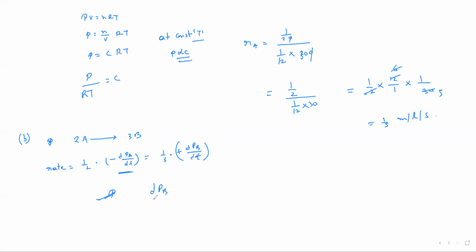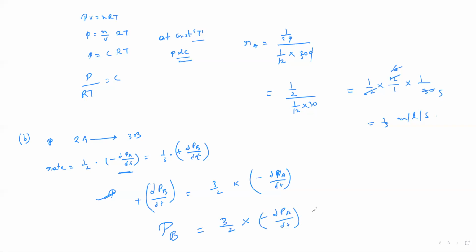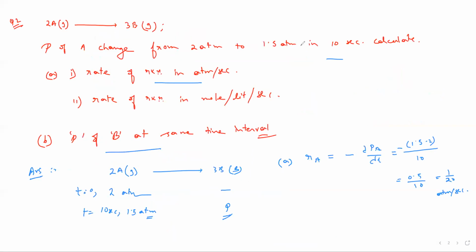Pressure of B means dPB by dt, which equals 3 by 2 into minus dPA by dt. Now change in pressure: PB equals 3 by 2 into minus dPA by dt into time. If you calculate, this value is 0.5, and time is given, 10 seconds.